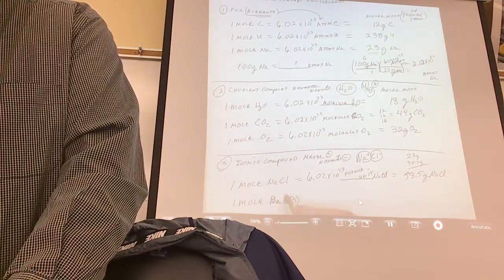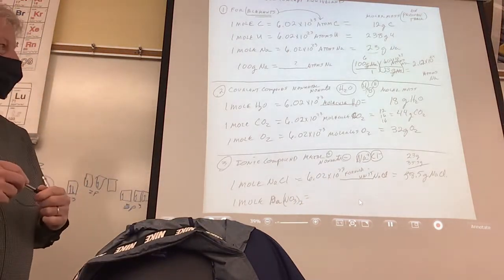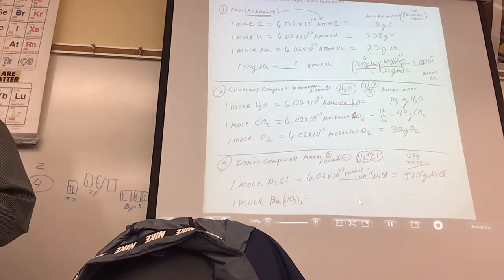I'm going to make it kind of hard on you. 1 mole of barium nitrate, see if you can finish the mole concept for barium nitrate. If you have a calculator out, that helps. If you have a periodic table out, that helps.